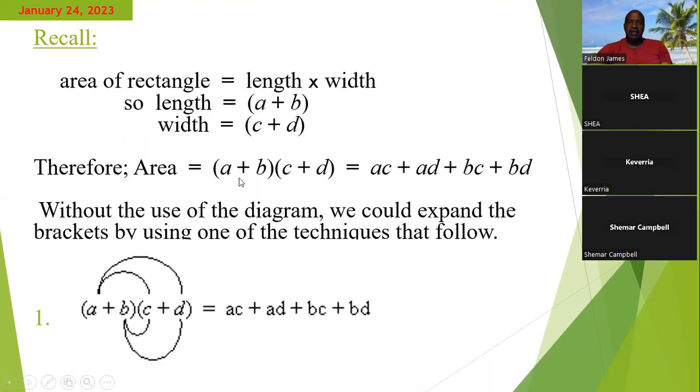So from here, let's say you didn't want to use this technique. What you would do is take the first term and write it in front of the second bracket. Then you put a plus sign, take the second term, and write it beside the second bracket again.